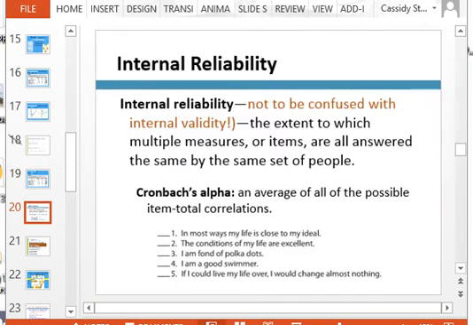So here's another example. When we look at these questions here, 1 through 5 down there, should people respond the same to these questions? Do all of these questions have to deal with the same construct? Obviously, if we just take a look at these items here, we would see that questions 1, 2, and 5 are related to one another.